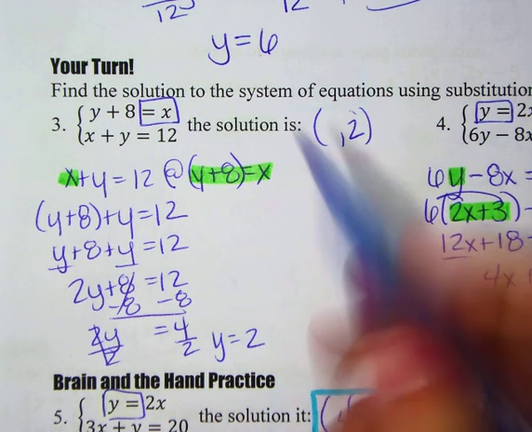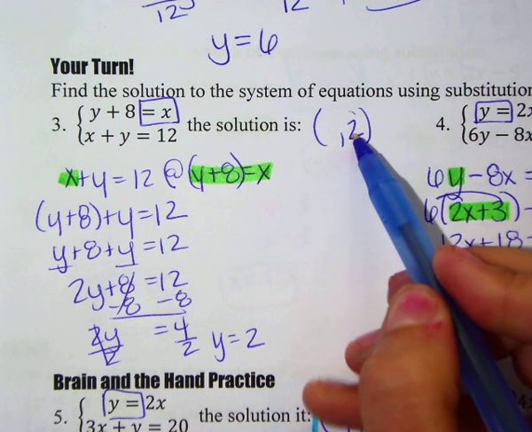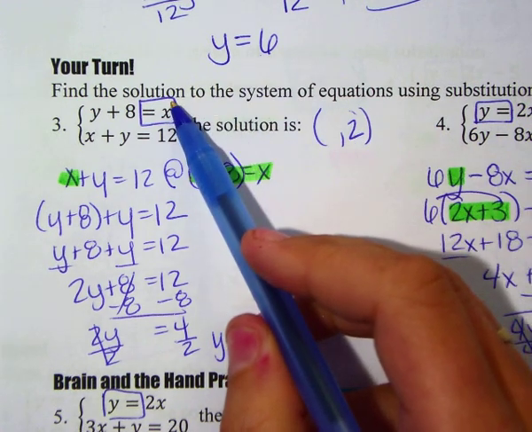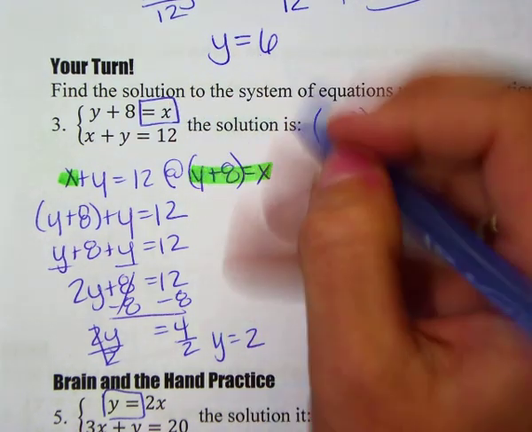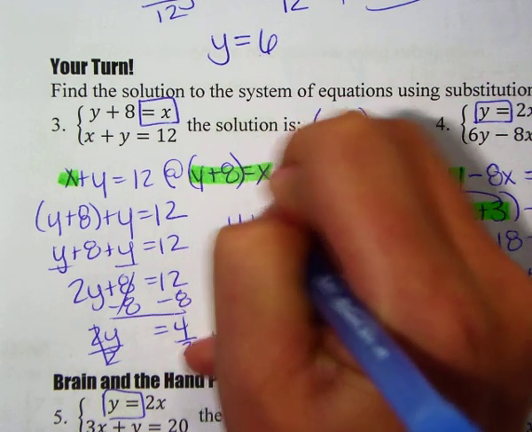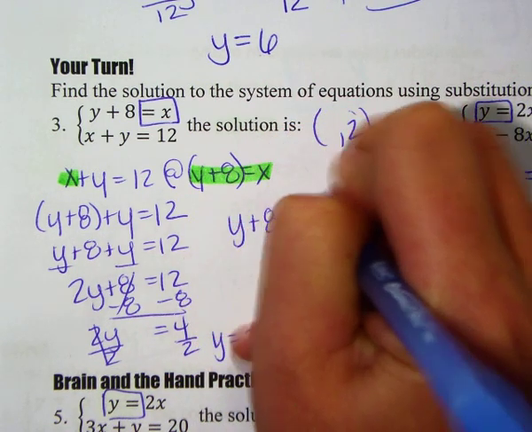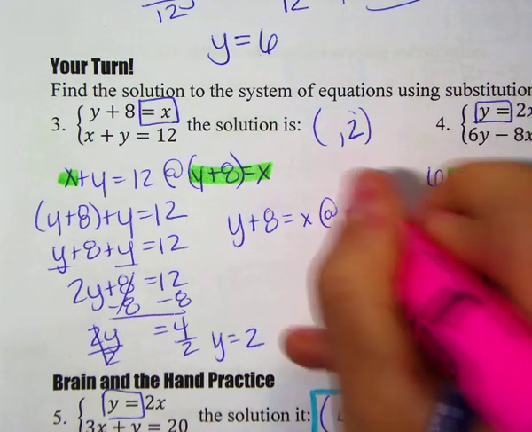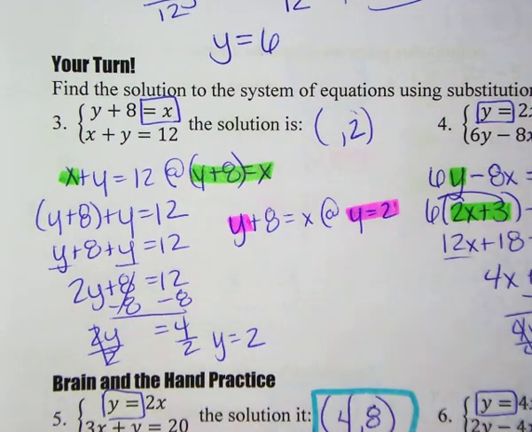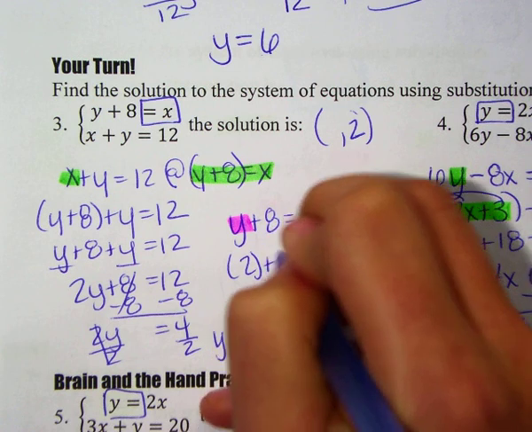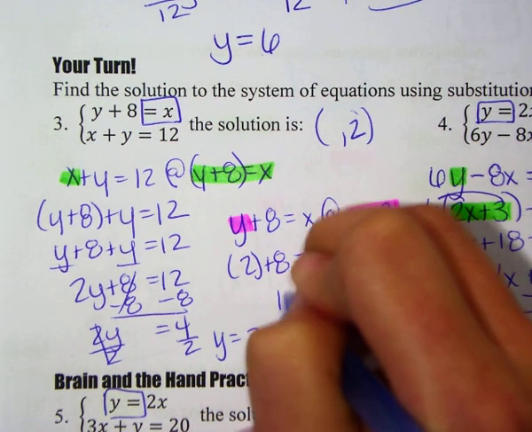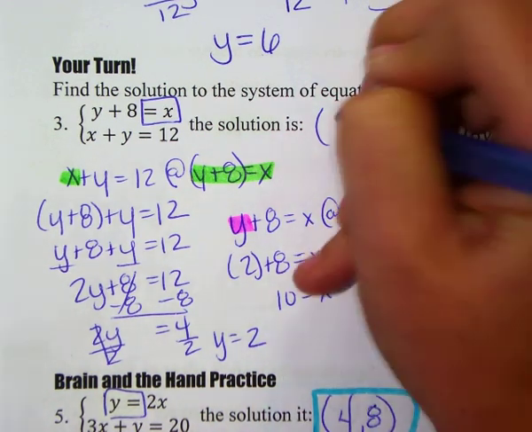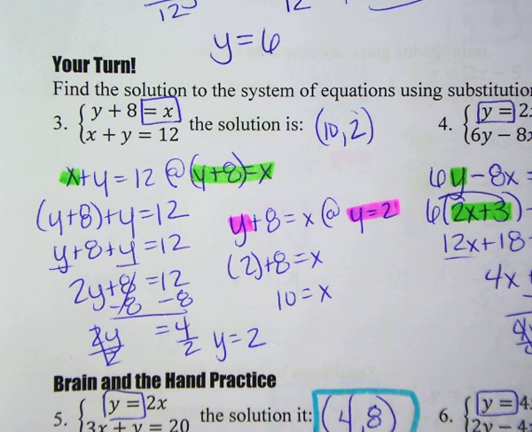Step 4 was to substitute this solution into the first equation to solve for the last variable. So everywhere that I see a y, I'm going to substitute a 2. 2 plus 8 is x, so 10 equals x. And that's my solution.